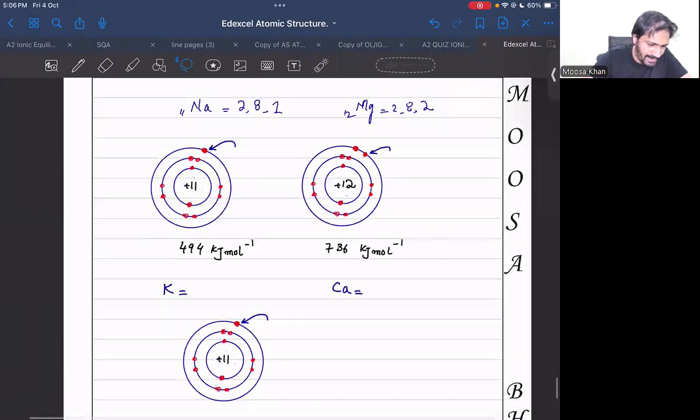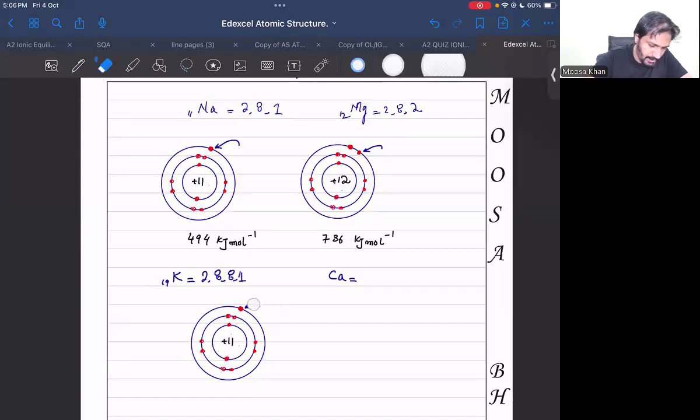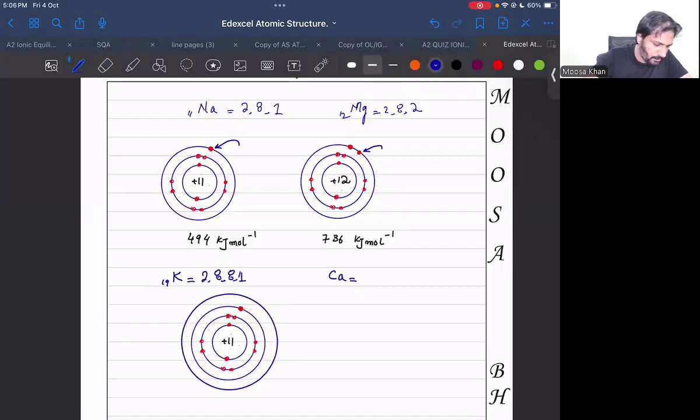You guys know potassium has 19 electrons. If you make its electronic configuration, this is 2, 8, 8, 1. So a potassium atom has how many quantum shells? 4 shells. If you just draw the electrons of a potassium atom, the third shell has 8 electrons and the valence shell has 1 electron.